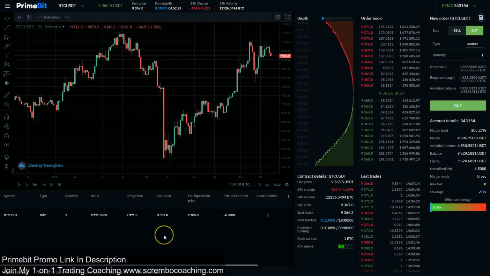So the concept of fair price is a specific price calculated by PrimeBit platform in order to avoid price manipulation while we have either spikes, very long parabolic aggressive movements that are done basically in a few seconds. The fair price remains a little delayed to the actual explosions of the market.